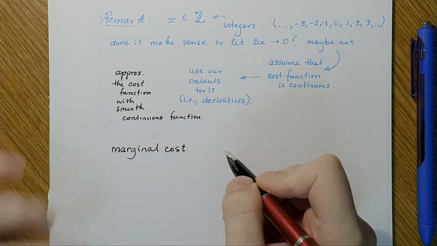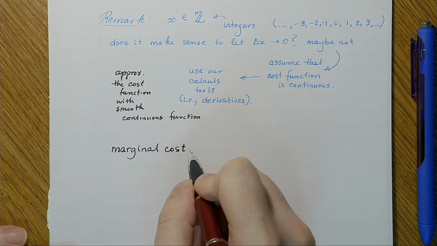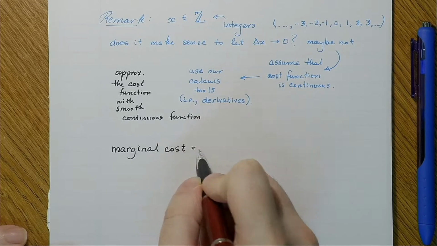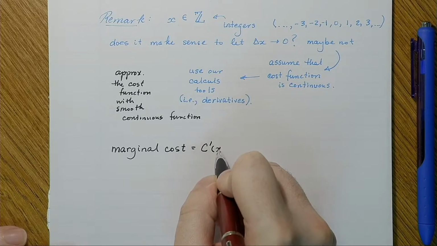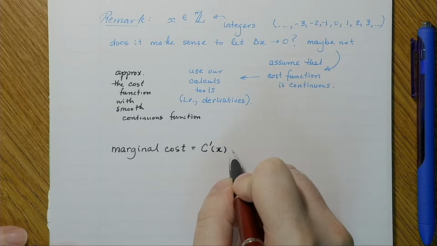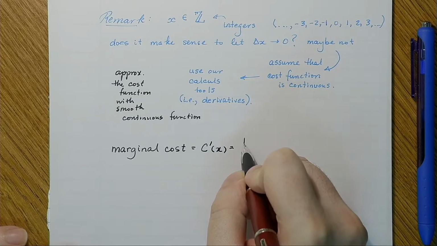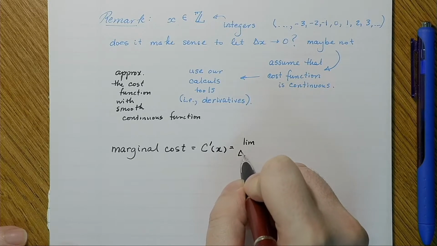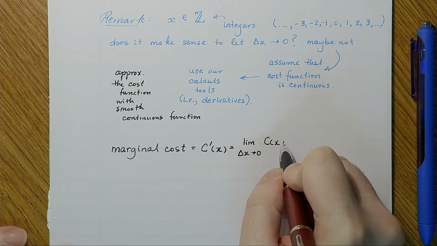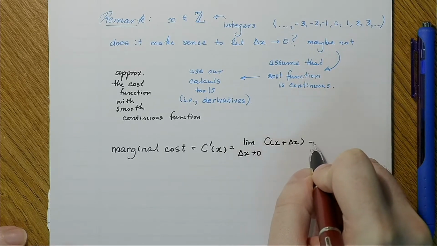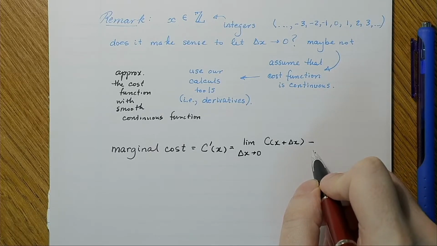And the answer is, if we make that assumption, yes. Okay, so marginal cost is the derivative of the cost function. And so we'll just write it out. So we can't use delta x goes to 1.